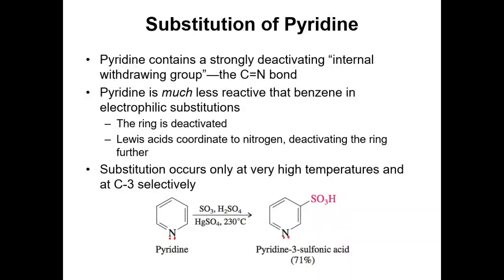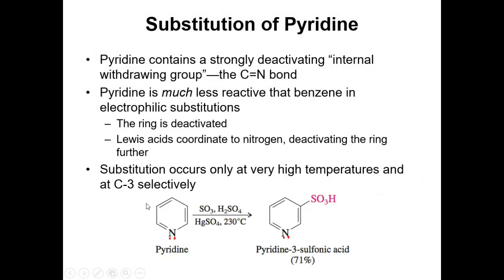The major difference is that in pyridine the nitrogen is basic, and in pyrrole the nitrogen is not basic. That's because the nitrogen has a lone pair available in pyridine, but in pyrrole the lone pair is needed for the ring to be aromatic.